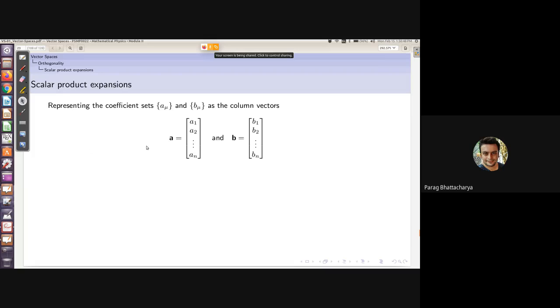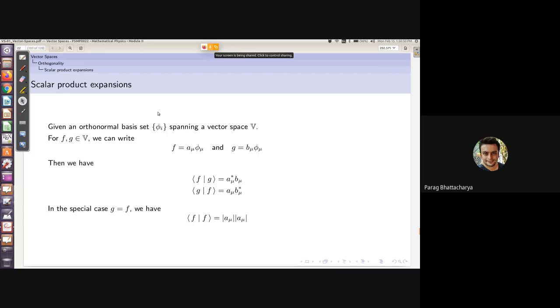So now you see here, we can write the function as a linear combination of the basis, and the basis is known. So all that you need to worry about are the coefficients. For the function f, we need to worry about these coefficients; for the function g, these coefficients.